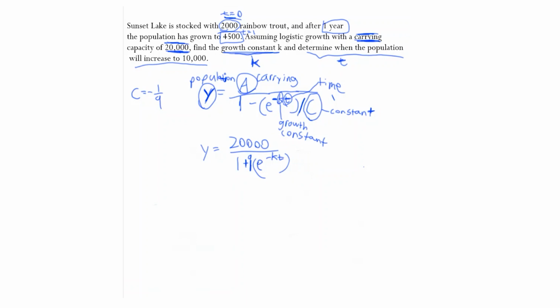The second part is after 1 year, the population has grown to 4,500. So we can use this to find k, because this will make it so that t is equal to 1 and not 0. So k won't be eliminated, but it will still remain. 4,500 is equal to 20,000. Because t is just 1, it's just negative k. And we do algebra once again to solve for k.